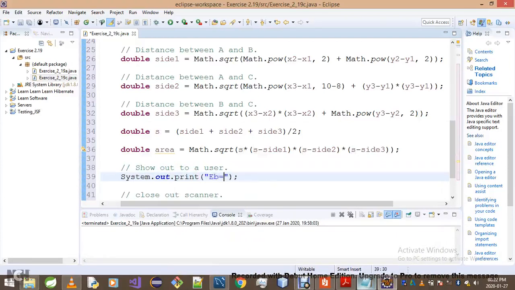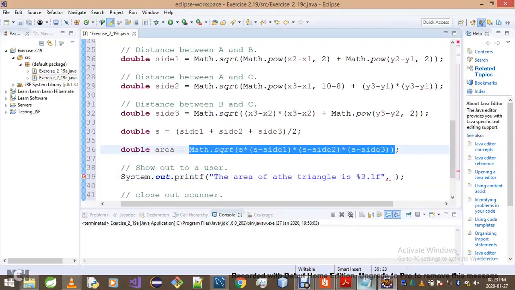Okay, so it's gonna be the area of the triangle is, let's just go percentage sign, it's 3 spaces, let's go one number after the decimal point and put our format specifier. And then lastly, of course, I should have put F here. And lastly, look at this, you guys.